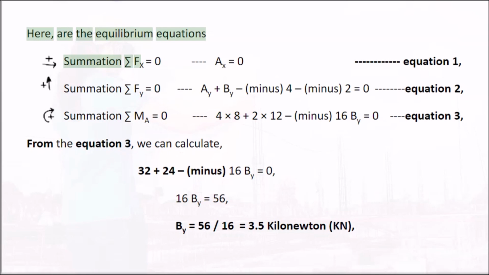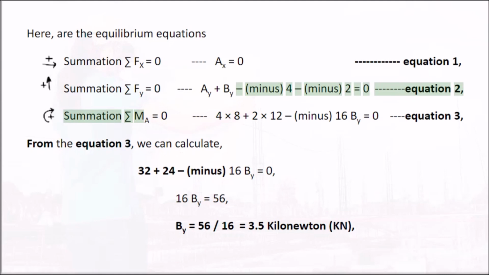Summation Fx equals 0, Ax equals 0. Equation 1, summation Fy equals 0, Ay plus By minus 4 minus 2 equals 0.